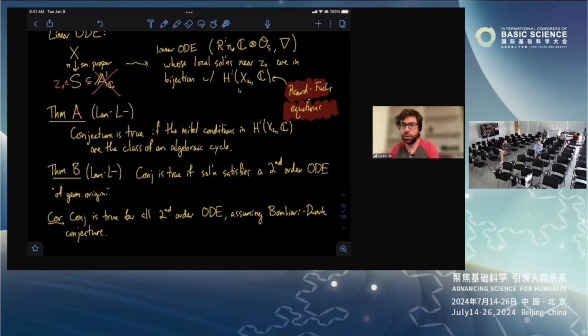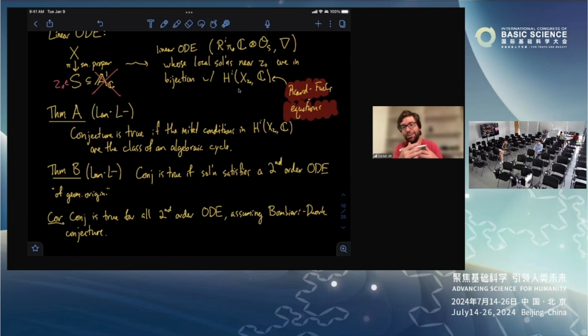All right, are there any questions about this so far? Oh, sure. So the Bombieri-Dwork conjecture says that if you have a holomorphic function which satisfies a linear ODE, and the coefficients of its power series expansion have denominators which don't grow too quickly, so it's called a G function, then the minimal ODE it satisfies is of geometric origin.